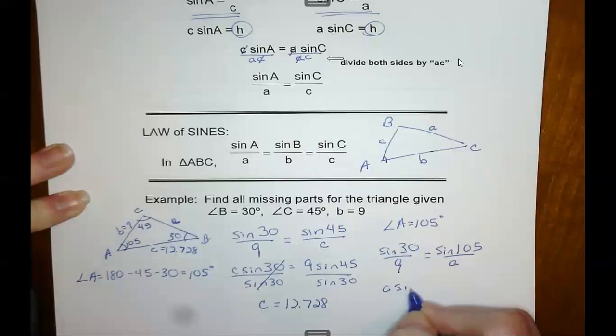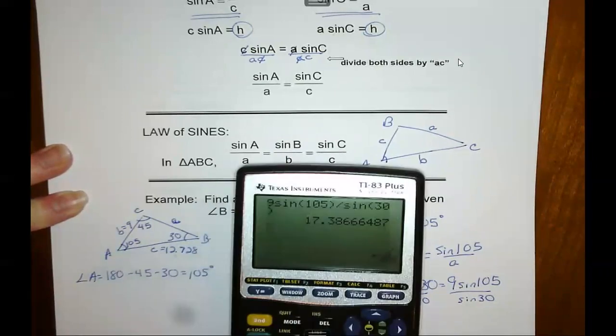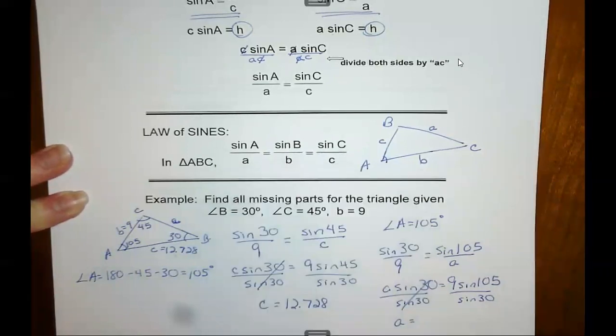A sine of 30 equals 9 sine of 105, divided by sine of 30. So A equals, let's see here, 9 sine of 105 divided by sine of 30. So we get 17.387.